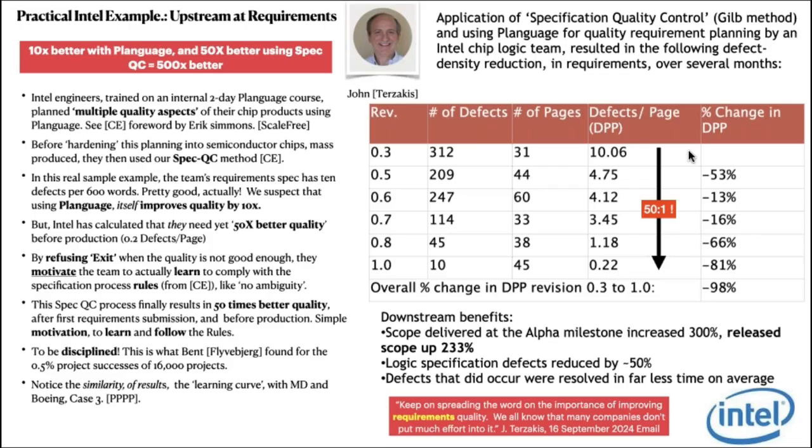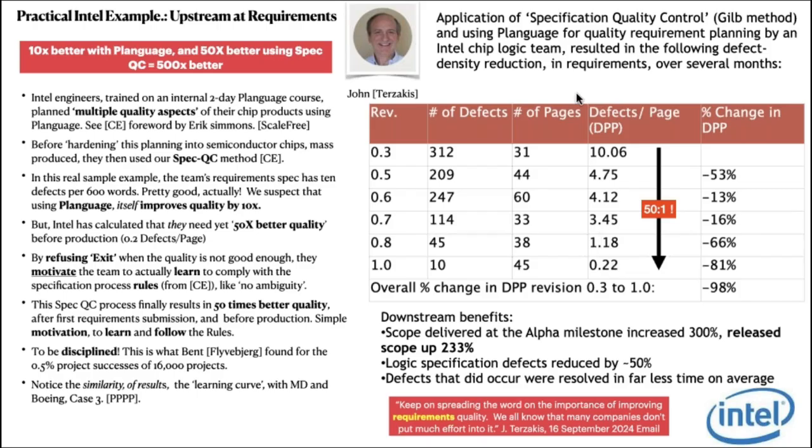It's not good enough. And so the engineers go back and try to figure out what they did wrong, and they actually get twice as good the second time around, and the third time around, not much more. Fourth time around, not much more, but they're beginning to understand how to write requirements properly according to the official standardized rules, which are as simple as extremely clear and unambiguous and things like that.